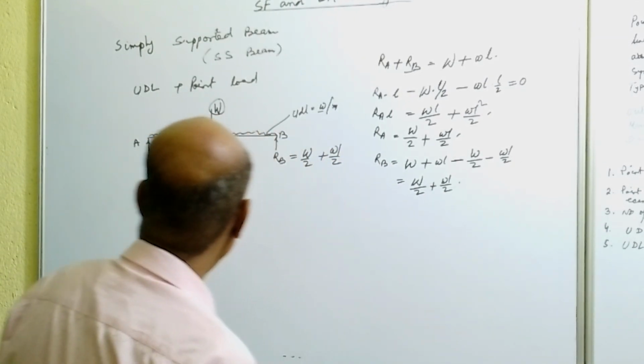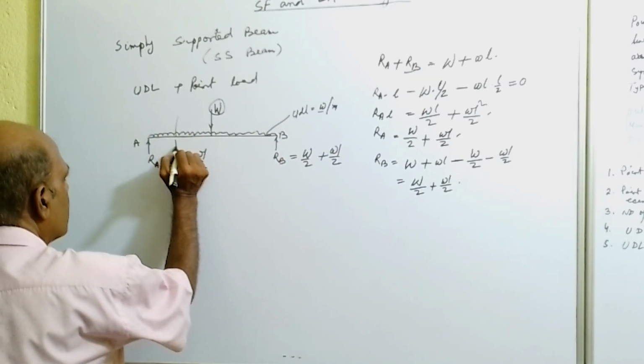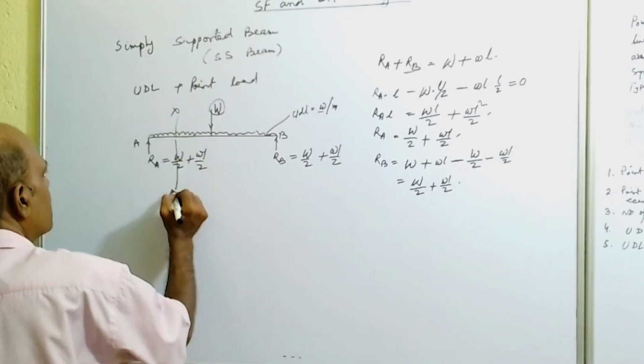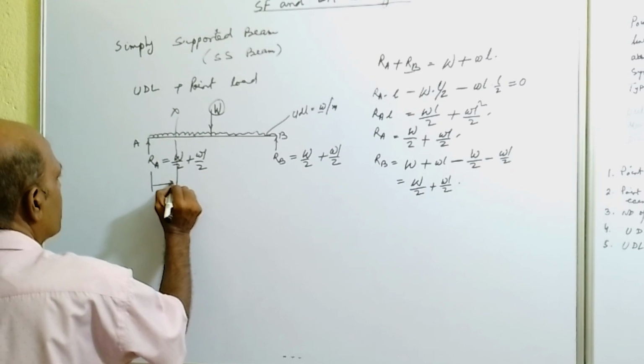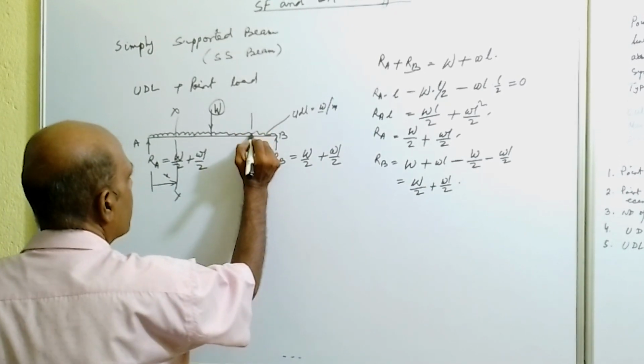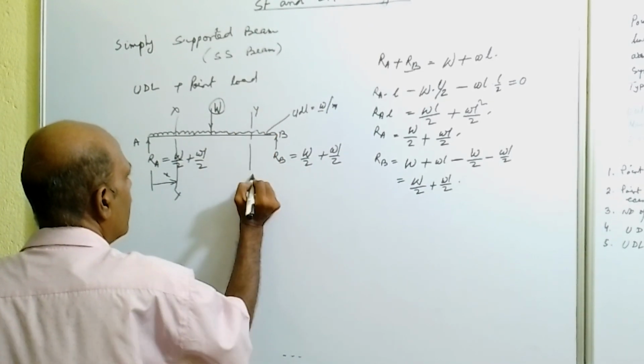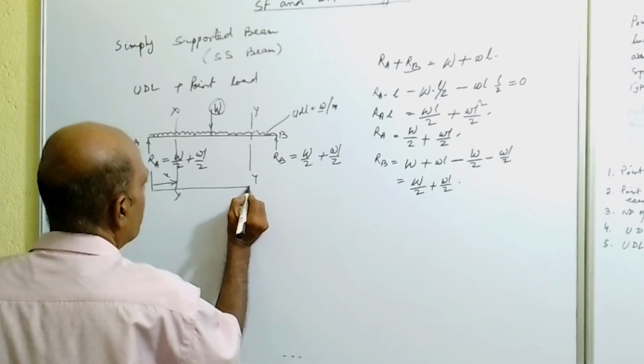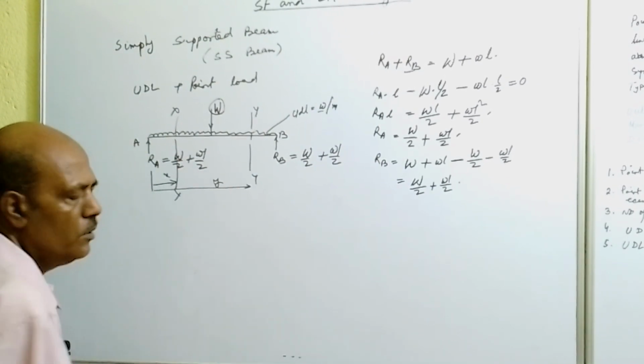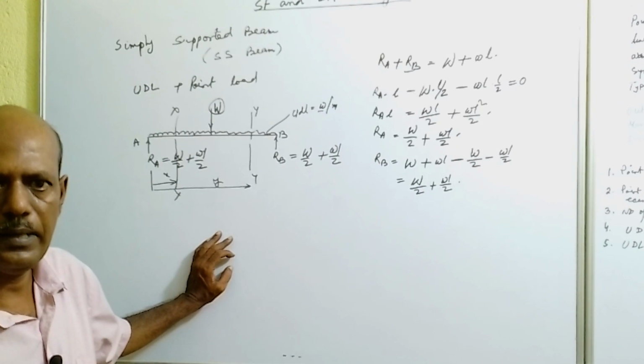Thereafter we will consider a section here, that is XX section at a distance x from left support, and another section YY at a distance y from left support. Now the procedure is same.